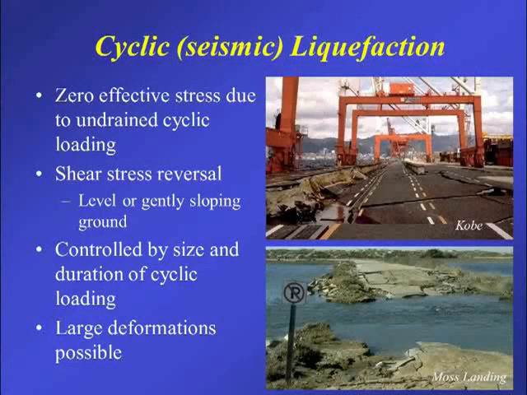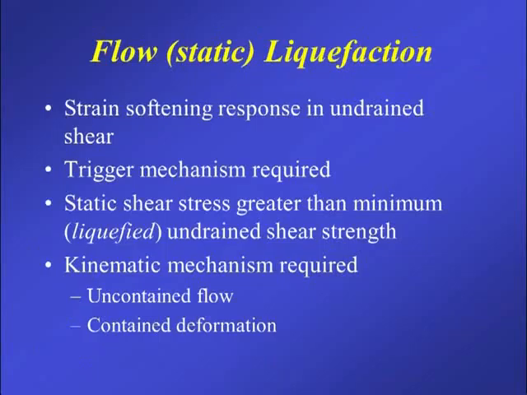So a larger magnitude earthquake typically lasts a little bit longer, with more numbers of equivalent cycles. And of course, the closer you are to the source of the earthquake, the higher the intensity is, and so the bigger the cyclic stress ratios are. And you can get very large deformations, as illustrated from some of these photographs.